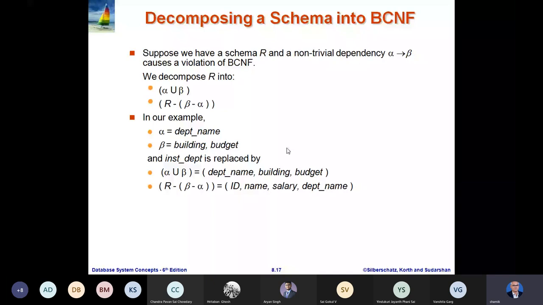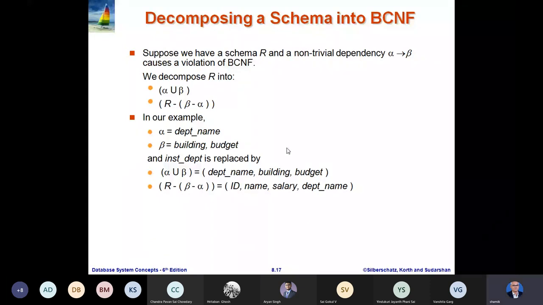So you have to test for the BCNF property for each of these, and if one is not in BCNF, or both are not in BCNF, then we have to further decompose it, and we may have to keep doing it a few times at different levels till we end up getting the schemas that are all in BCNF. And why are we saying BCNF? Because it is good to target to achieve this BCNF property in our database schema.